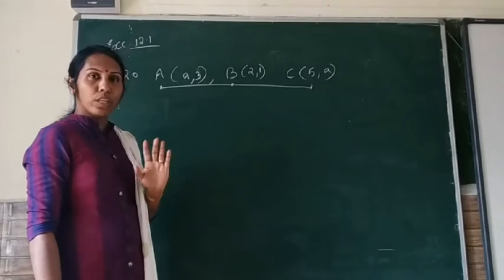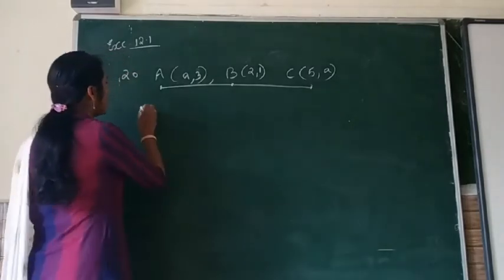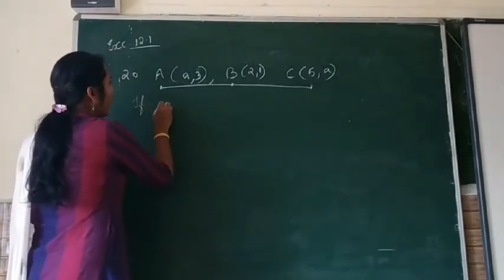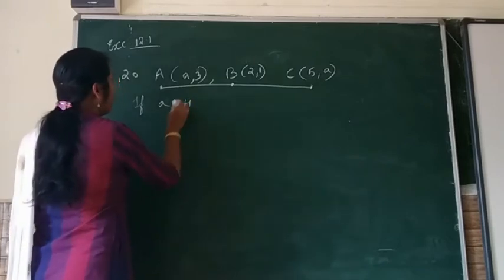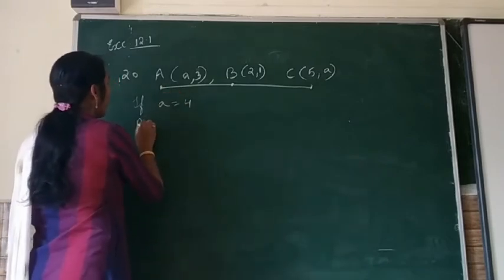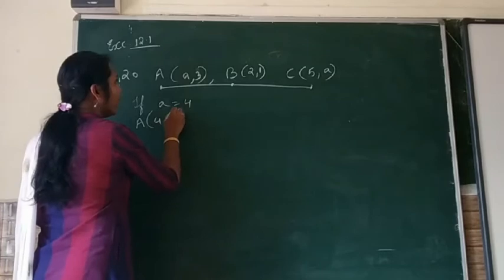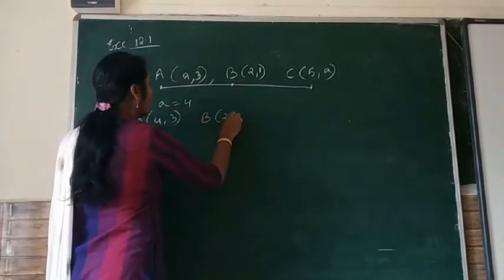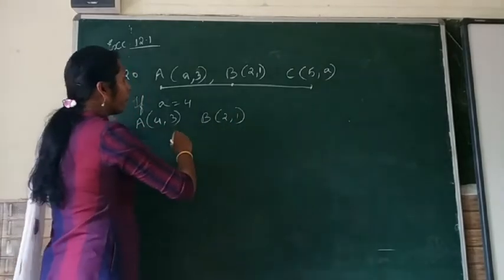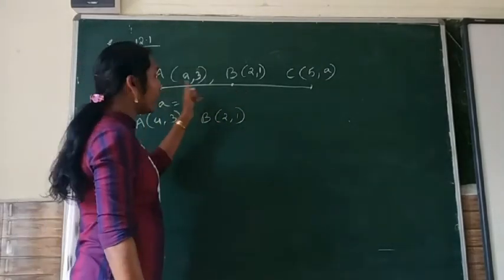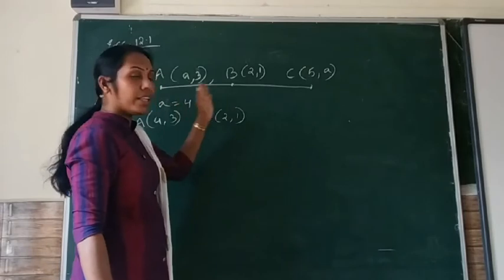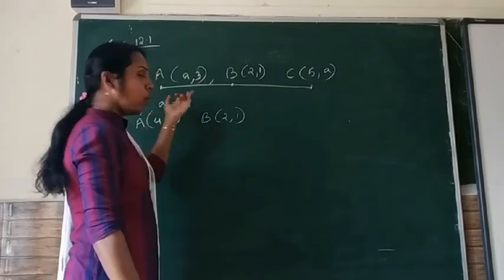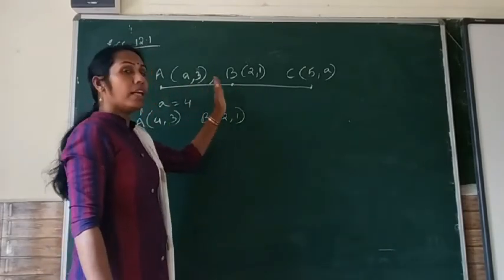Now substituting these values in the given coordinates, first of all, if a is equal to 4, we have the points A(4, 3) and we also have B(2, 1). For finding out the equation, we need only 2 points. We can apply the 2-point form, or by finding out the slope, we can also apply the point slope form.